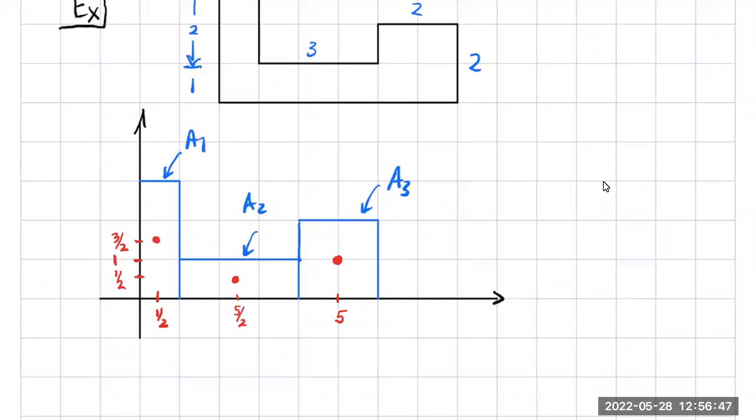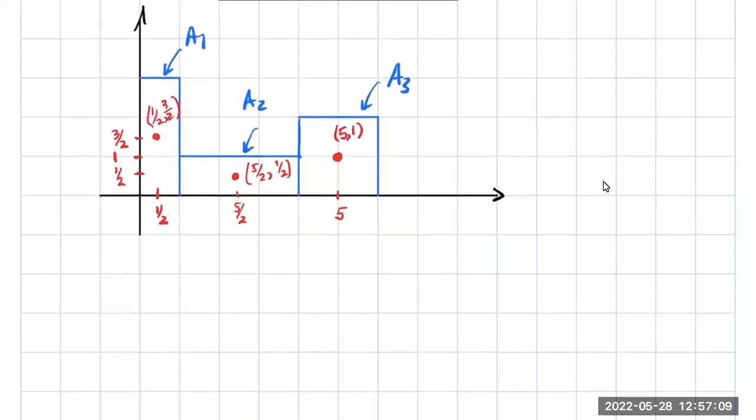Okay, all right, so let's label them. And then we will appeal to our formulas as follows.